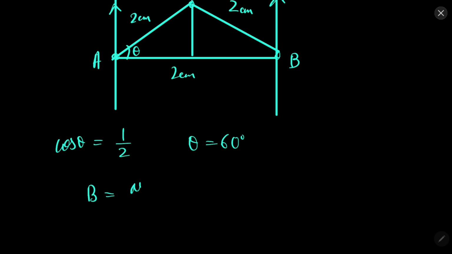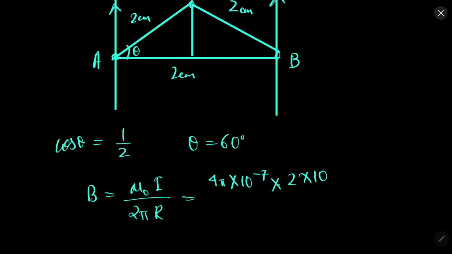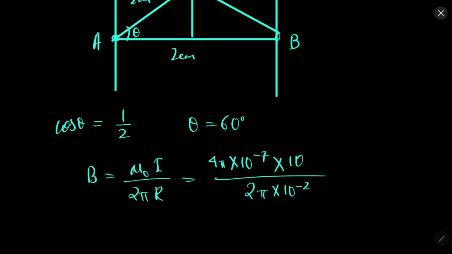B will be mu naught I over 2 pi r, 4 pi into 10 to the power minus 7 into 10 over 2 pi into 10 to the power minus 2.